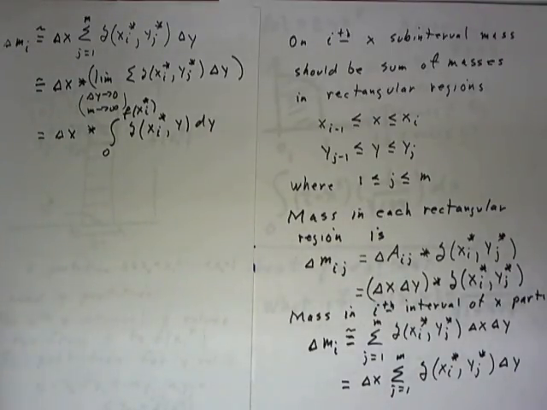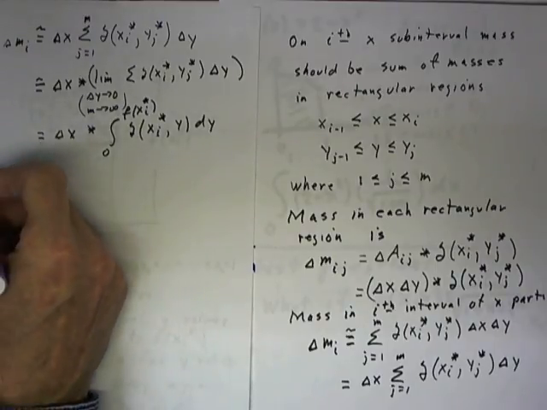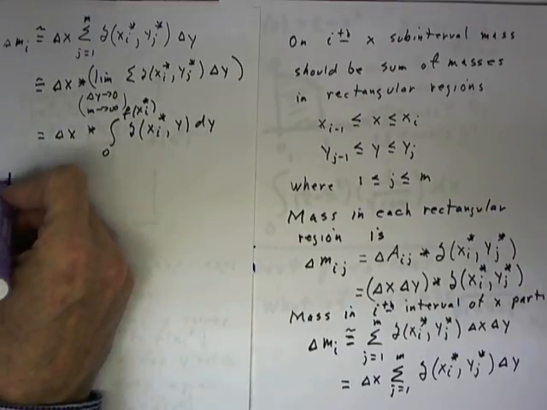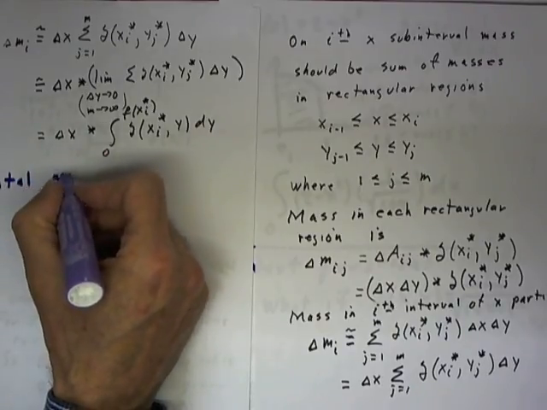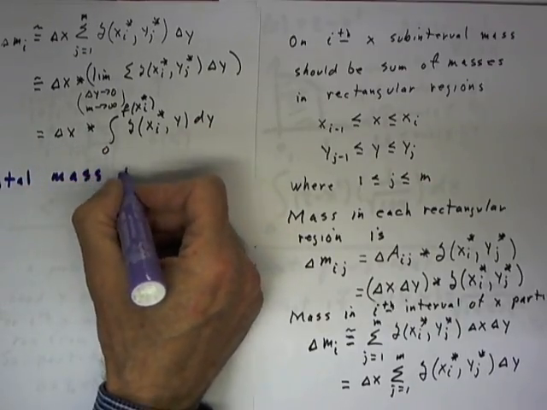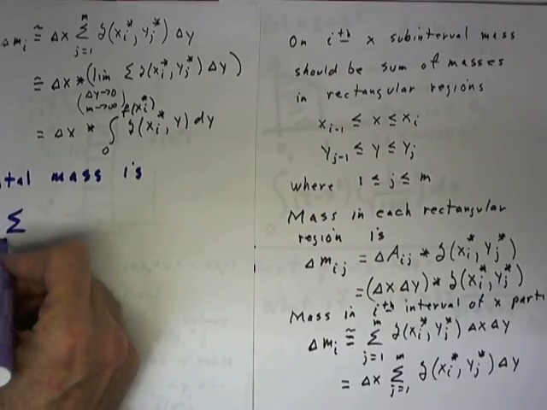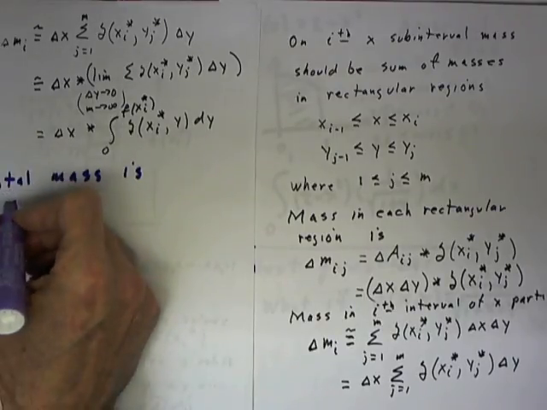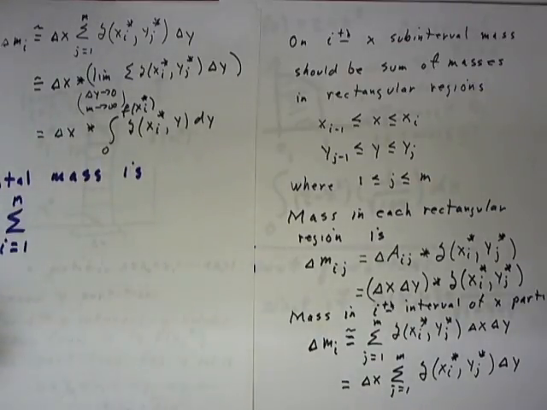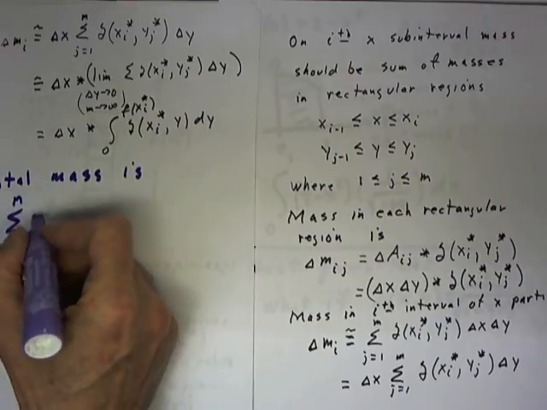So now let's consider what our total mass would be. The total mass is the sum from i equals 1 to n of our delta m sub i's.